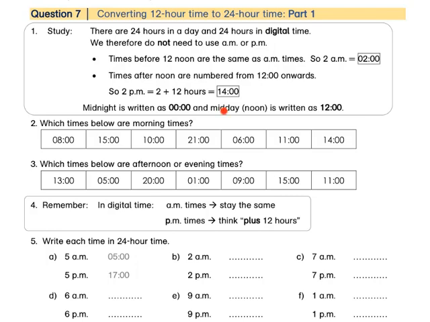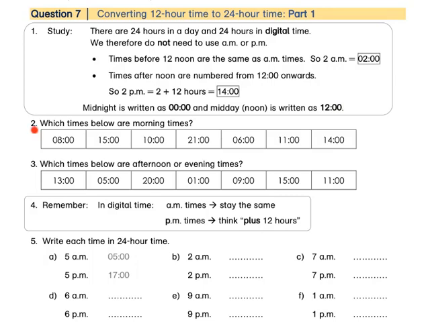Midday, which means halfway through the day, is also known as noon, and this makes sense that it is written as 12:00. 12 hours or half of the day has passed. All the times before 12 are our AM times, and our times after 12 are our afternoon times.